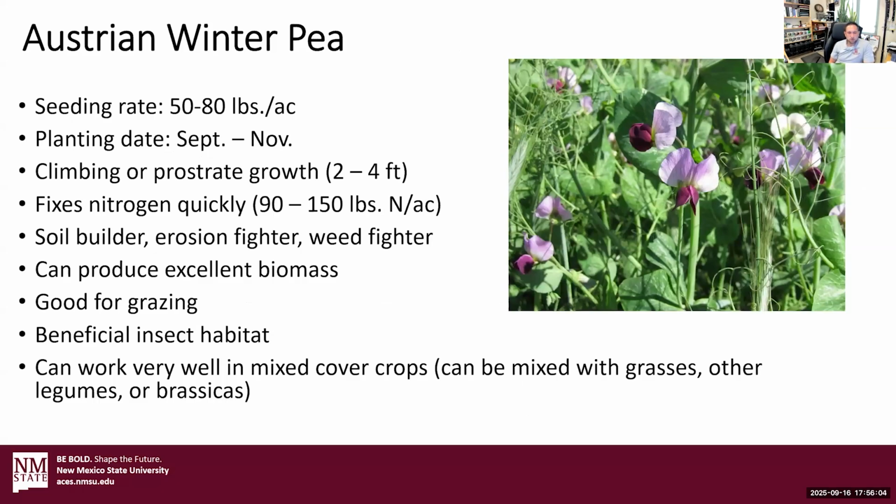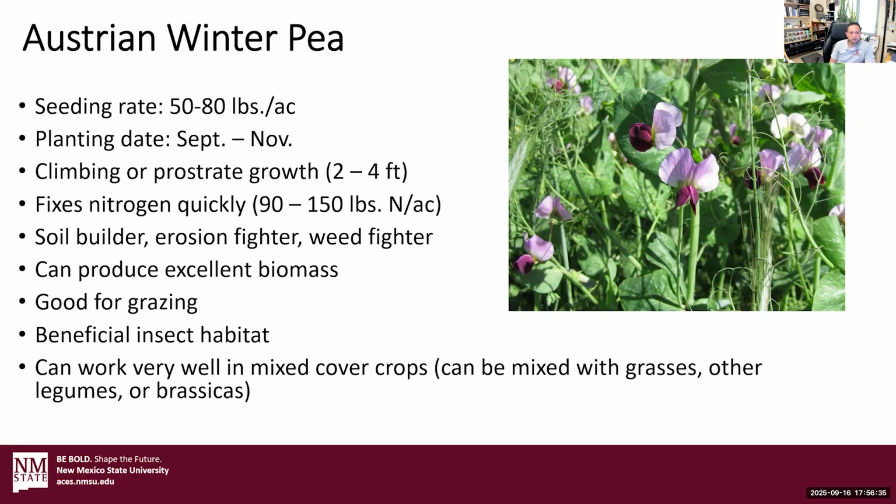The next one is Austrian winter pea. Again, that seeding rate between 50 to 80 pounds per acre. September to November again. This does have more of a climbing or a prostrate, so sort of a spreading out growth between 2 to 4 feet. This pea fixes nitrogen fairly quickly, so it can provide up to 90 to 150 pounds of nitrogen per acre.